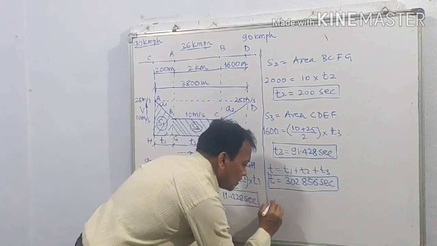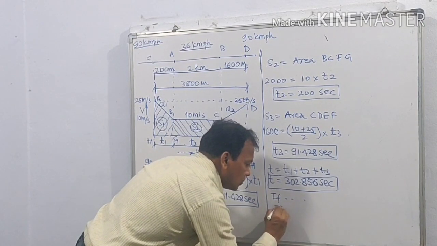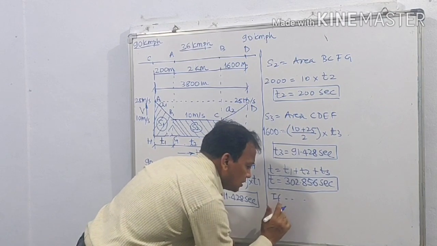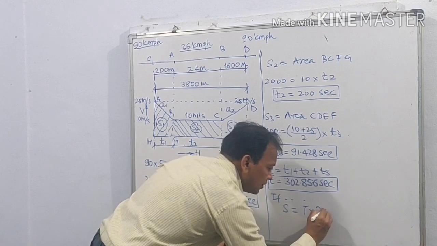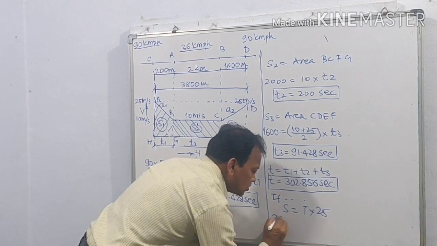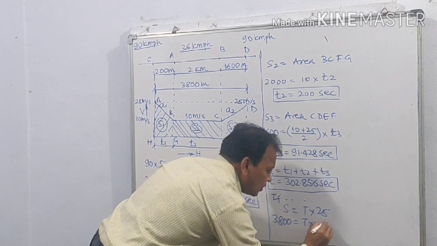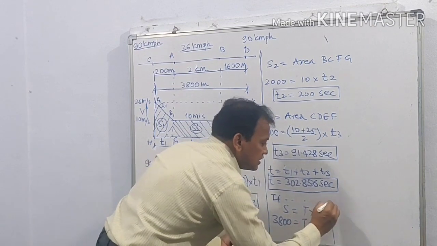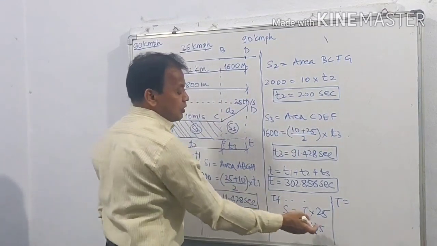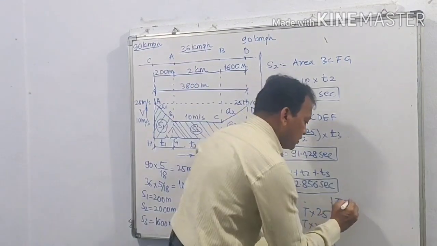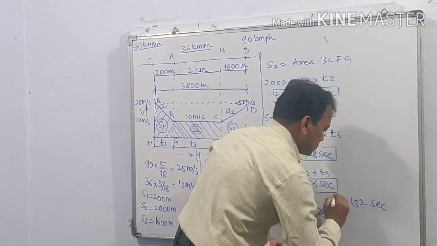So distance traveled, S is equal to, if repair works are not going on, then S is equal to T into 25, where S is equal to 3800 is equal to T into 25, and therefore T is equal to 3800 divided by 25. T is equal to 152 seconds.